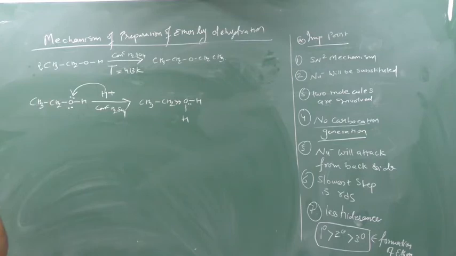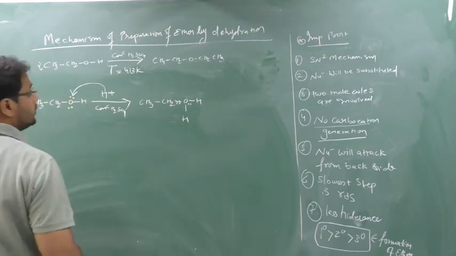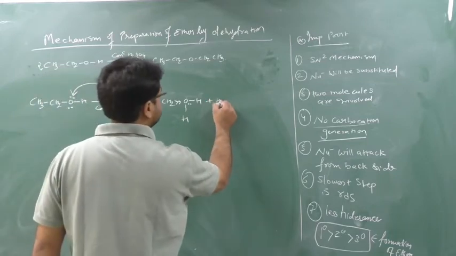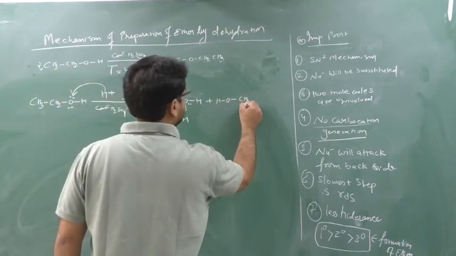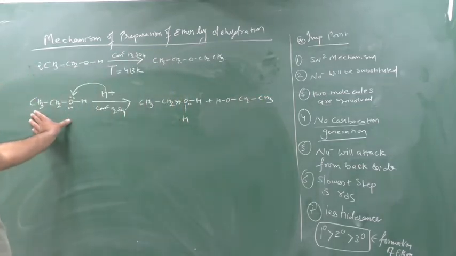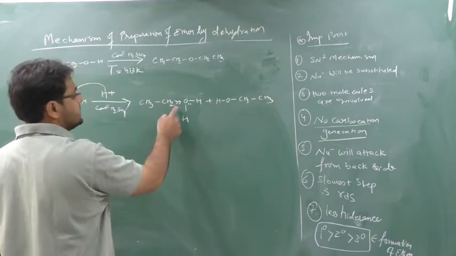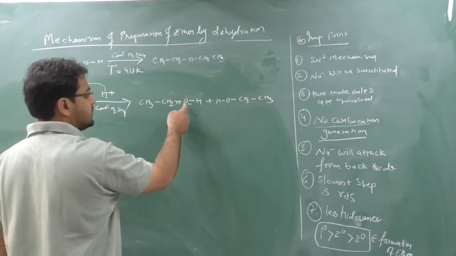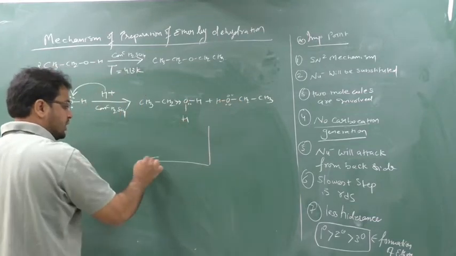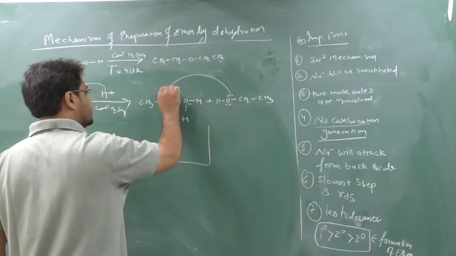So what will happen? As this is a very good leaving group, another molecule of CH3CH2OH will come. So I am writing it like this: HOCH2CH3. So with the first molecule I formed this product, and there is a very good leaving group. As this water wants to leave, the second molecule will come from the back side.